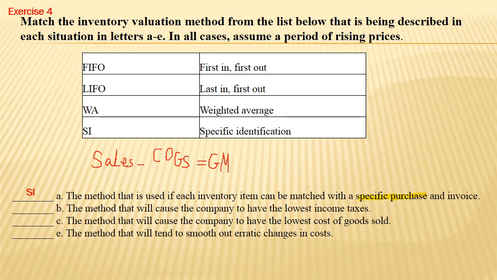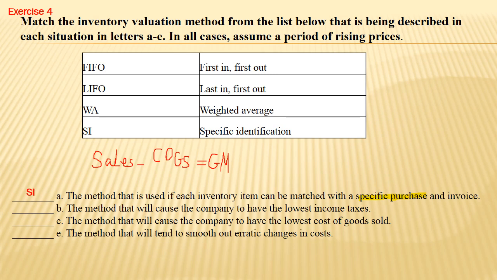So here, if we are in a period of rising prices, the prices are increasing. If I'm following LIFO, I'm going to sell the products that were purchased last first. So the cost of goods sold will be calculated based on the high prices, since we are in a period of rising prices.